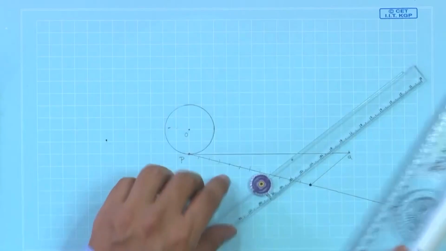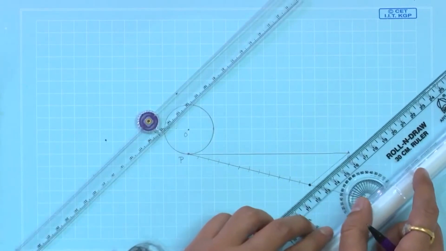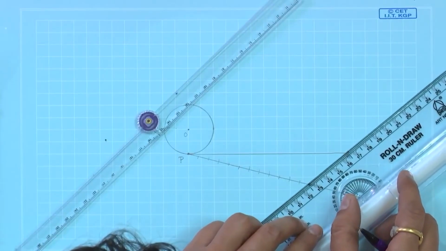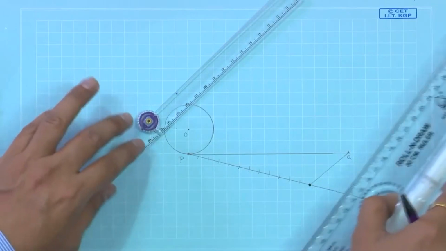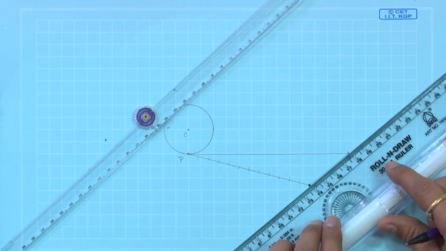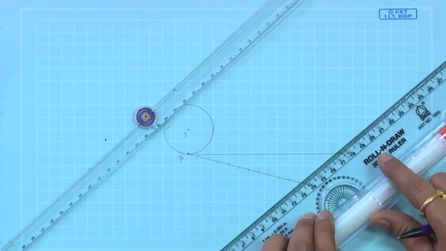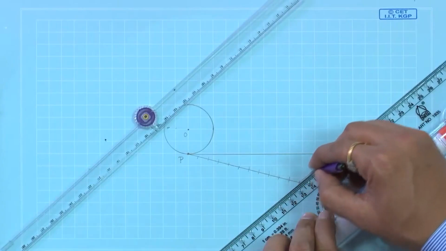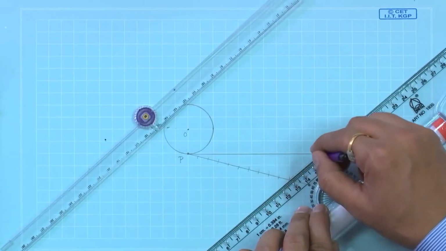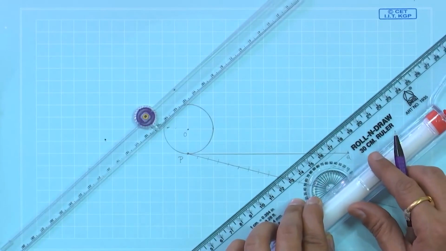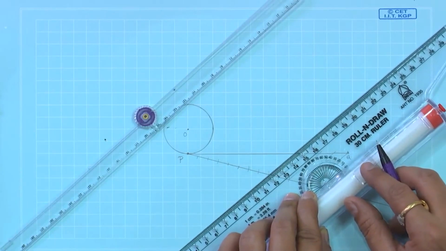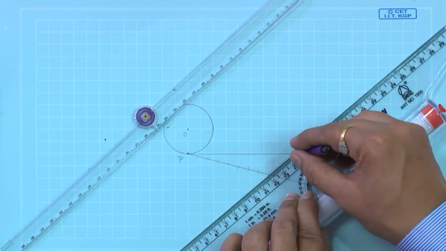Parallel to that, we use our roller to construct parallel lines which are passing through these points.